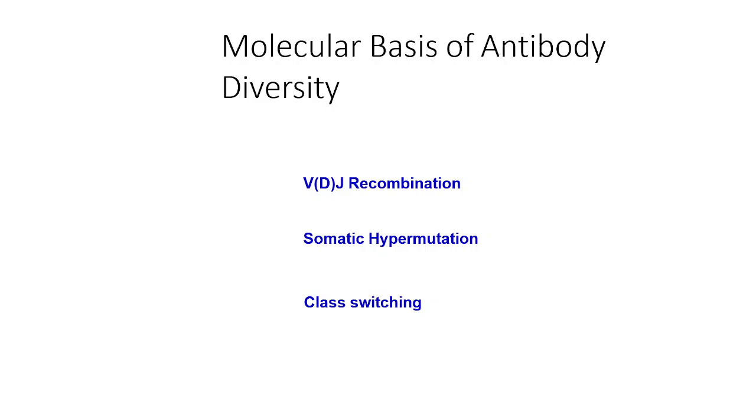A later process that introduces high frequency point mutations into the rearranged antibody genes to refine the antigen affinity is somatic hypermutation. And a mechanism that changes the constant region of the antibody, altering the effector function while maintaining the antigen specificity, is class switching.